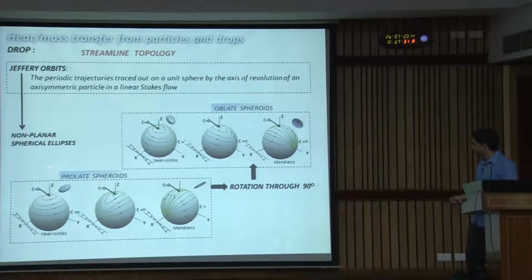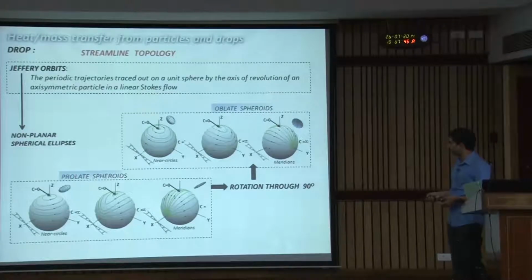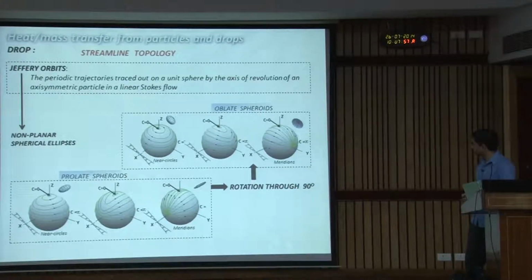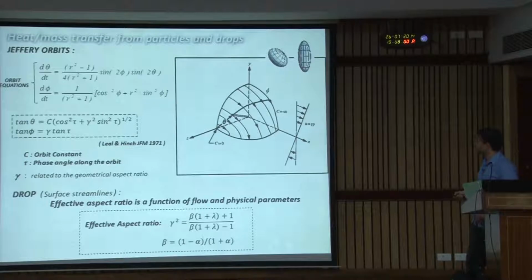And in fact, later Francis Bretherton showed that this is not only the case for spheroids, and almost any axisymmetric particle will rotate in such an orbit in a shearing flow. The only difference is that for a spheroid, the shape parameter is the actual aspect ratio. For a general axisymmetric particle, it is some effective aspect ratio that is related to the actual aspect ratio in some way.